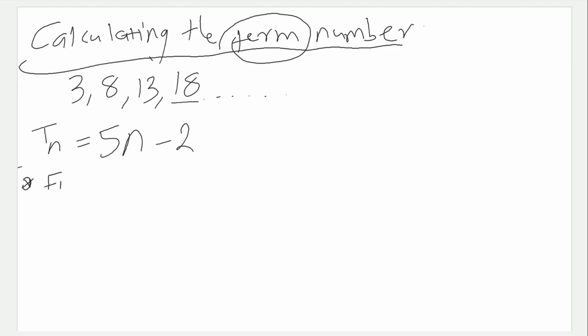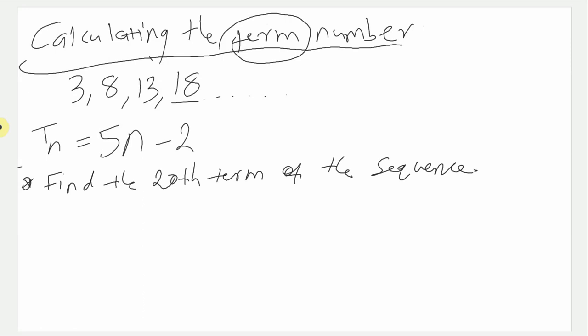Okay, so usually after you found the general rule of the term, they can ask you something like, find the 20th term of this sequence, or calculate. So since you have the formula for this sequence, it means that you can find any term in the sequence, because now they gave you the n, the 20th term.